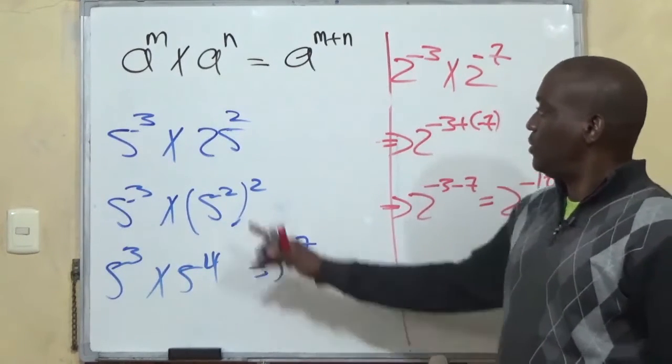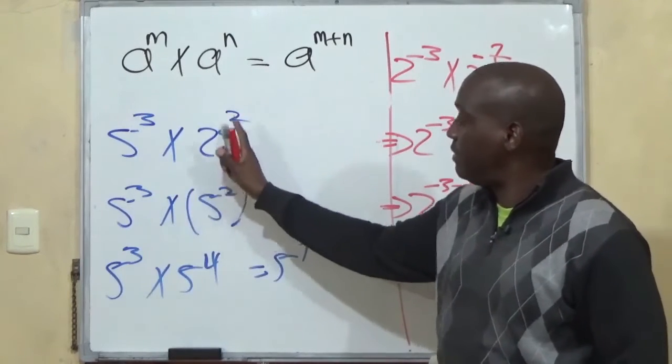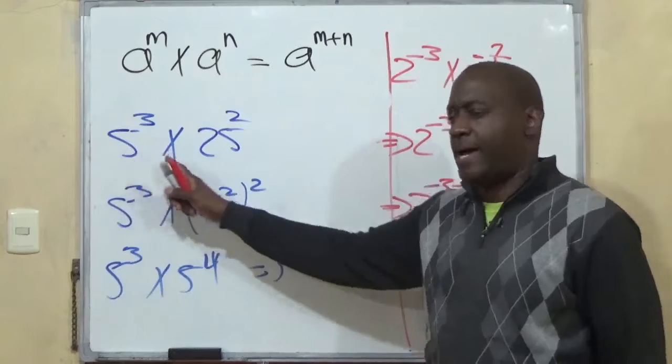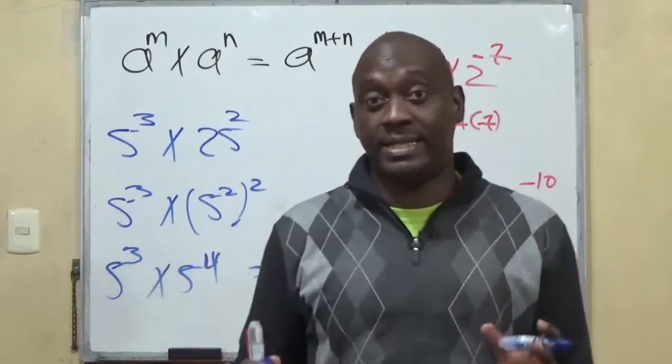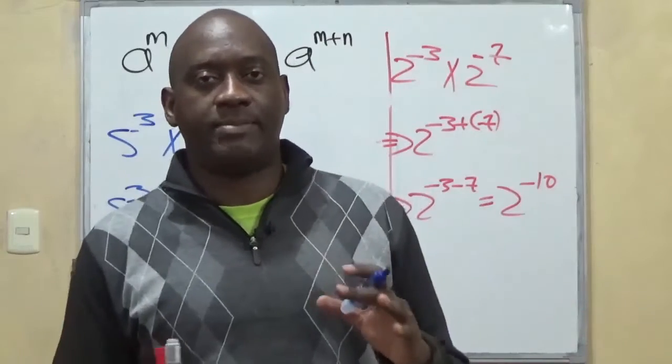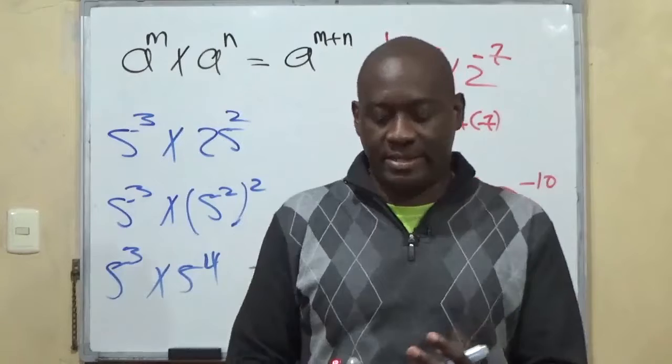Nice? So the only way you could break down anything here is if you have a base, and the other number or numbers that you're dealing with can be expressed as powers of that particular base.